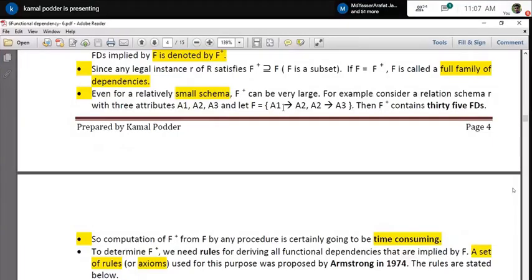Say suppose I find from the data that these two functional dependencies exist. Then I try to find F+; the method of finding F+ we will cover later. If you find all the possible FDs based on these 2 FDs, you'll find there are 35 FDs. That means we started with 2 FDs, and after finding F+, the cover of this particular set ultimately reaches 35 FDs.